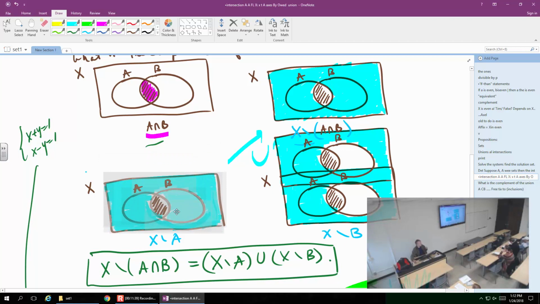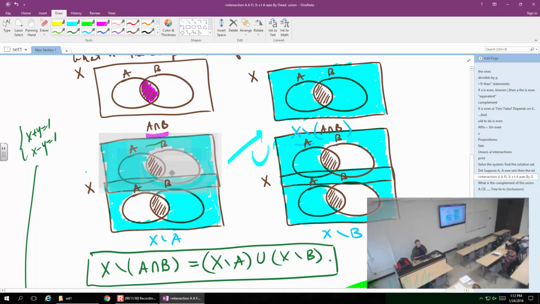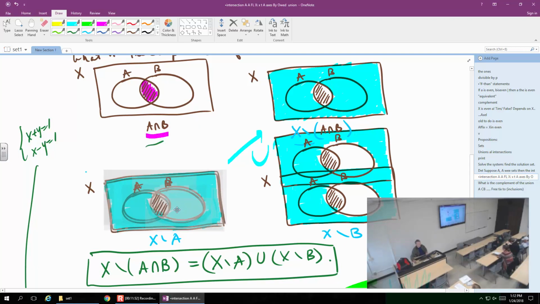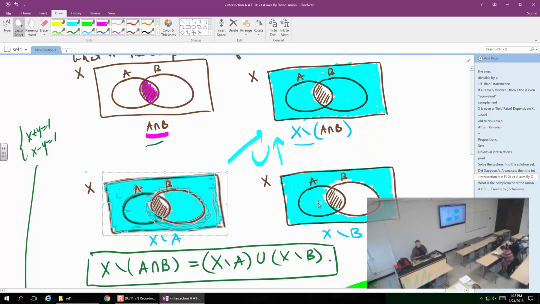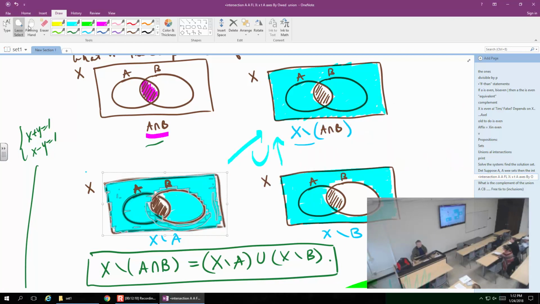Whatever is colored with blue counts as the union. Any element that is colored at least once will belong to the union. And indeed, if I overlap these two carefully like this, it doesn't look very pretty, but it does give you the picture on the top right. So that's how unions work.